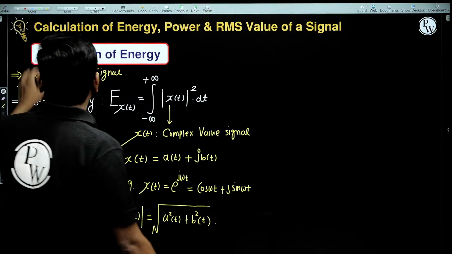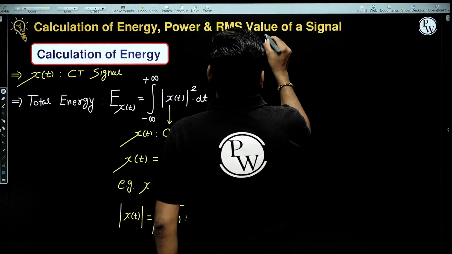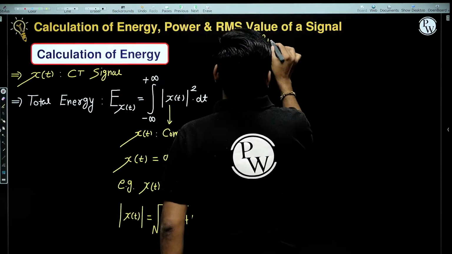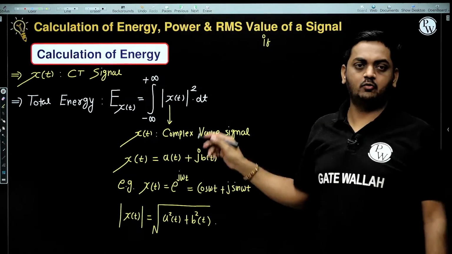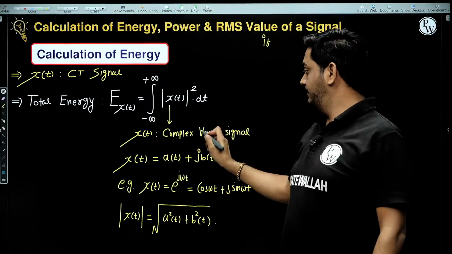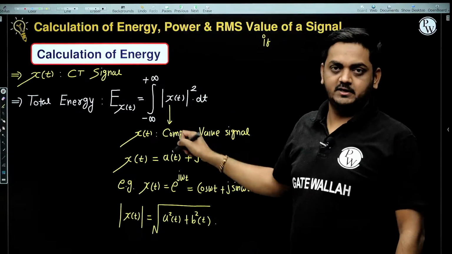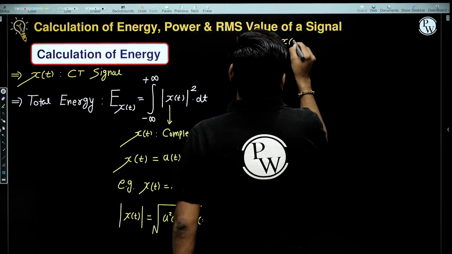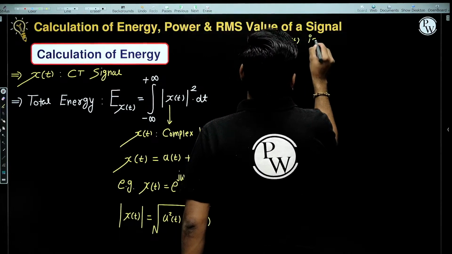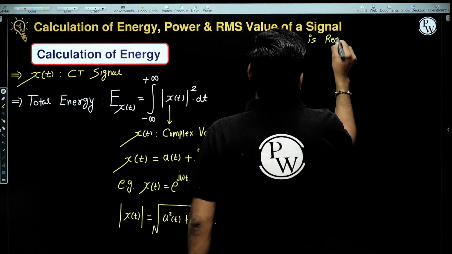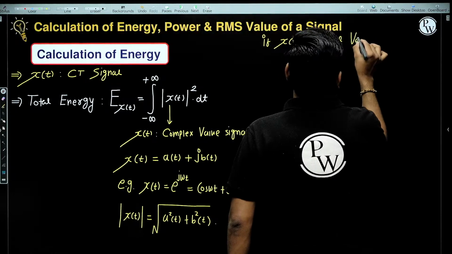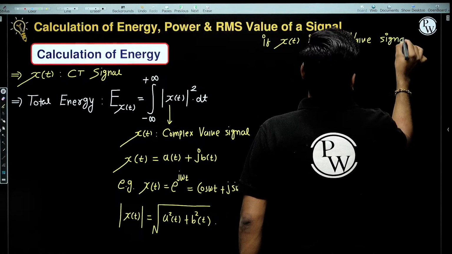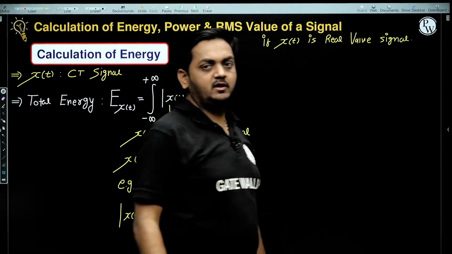But suppose x of t is a real value signal. For a pure imaginary signal and for the complex value signal, you have to consider the magnitude. But if x of t is a pure real value signal, and what is the magnitude of the real value signal?